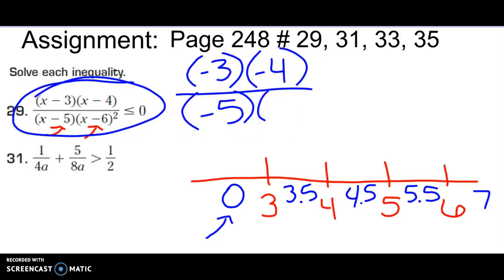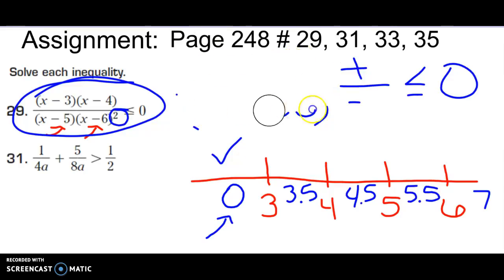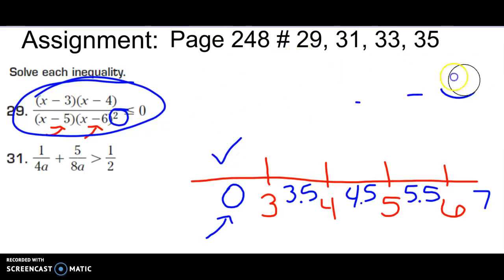And now negative 6 is going to be squared, so that's actually going to be a positive 36. So once we get all that together, we get a positive over a negative, and that is definitely less than or equal to 0. So yes, it works with the range or the interval that's less than or equal to 3.